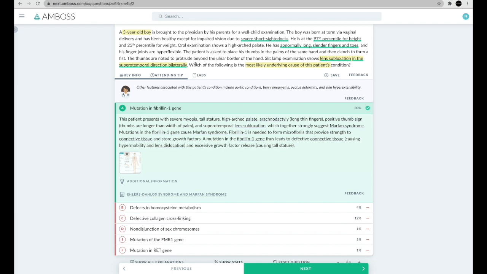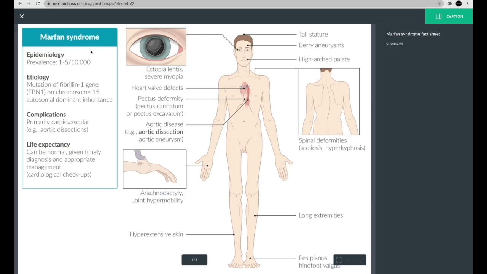But if you were to read the rest of the question, you would see severe short-sightedness, myopia, is one of these signs. 97th percentile for height, they usually are very tall, with ectopia lentis up and out. Here's the supratemporal. They have long fingers, spinal deformities, among so many others.